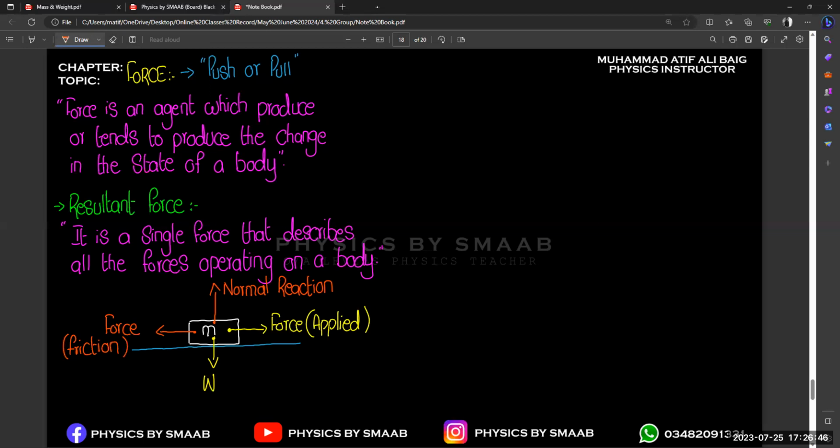So now you can see that there are a total of four forces acting on a single body, but still the object is in a rest state, right? So the concept of a resultant force is, let's suppose we mark them F1, F2, F3, F4. Let's suppose this is F1, this is F2, this is F3, and this is F4.